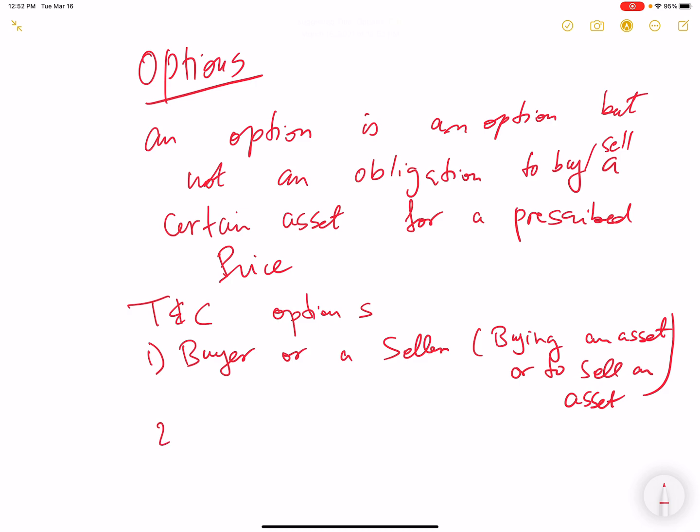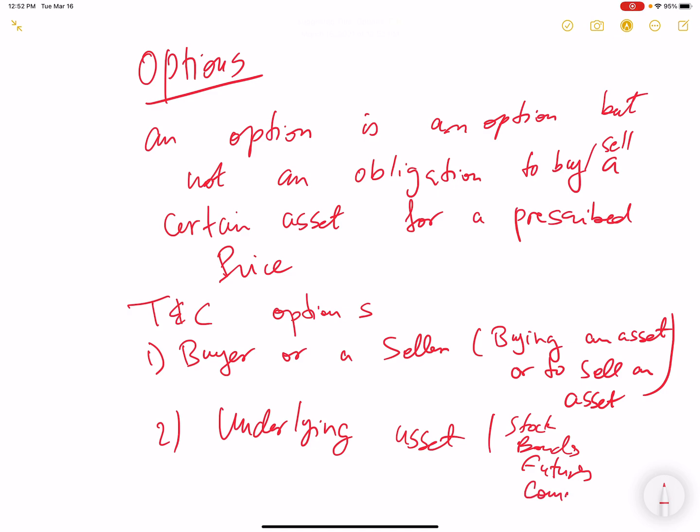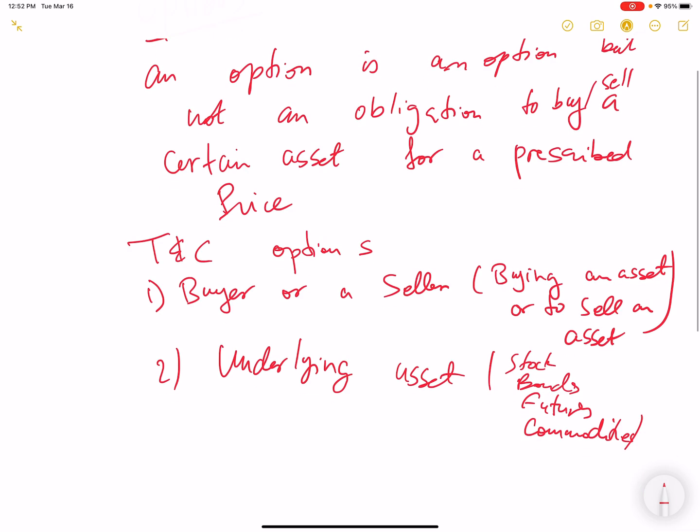The second one is the underlying asset. What do you want to buy? Do you want to buy stocks, bonds, futures, commodities, or any other asset that you have in your mind?